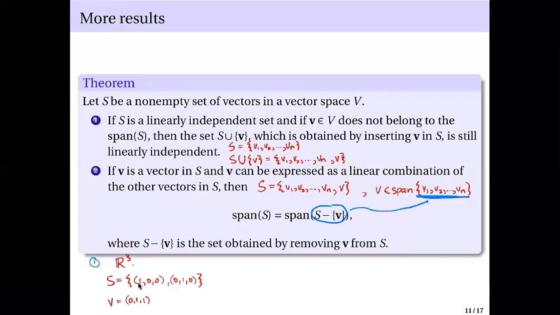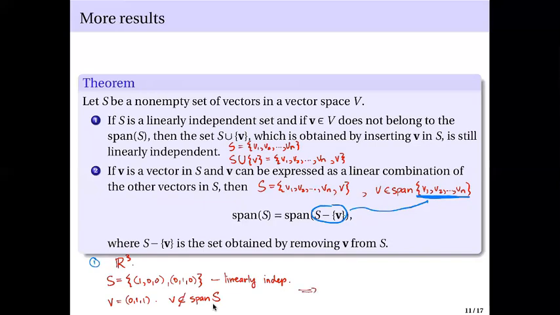Take note, you have S, 1, 0, 0, 0, 1, 0. In the span of these two guys, the third component is always 0. Your vector V, the third component is 1. So definitely here, V does not belong to the span of S. S here is a linearly independent set.